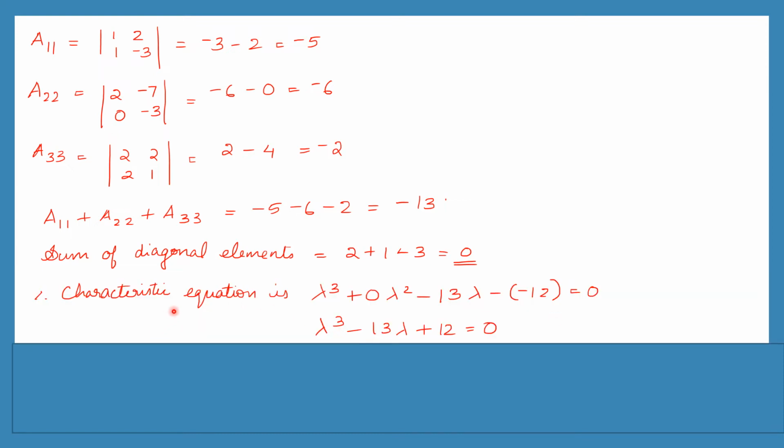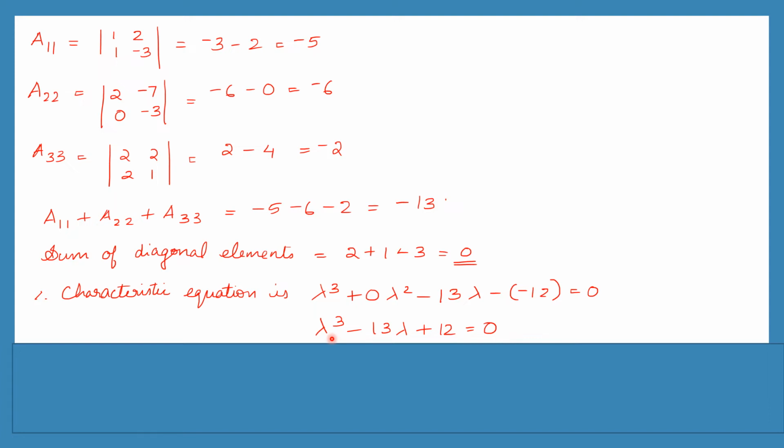The general format of the characteristic equation is lambda cube plus 0 lambda square minus 13 lambda minus of minus 12 is equal to 0. So this second term is a 0 term. So it will be lambda cube minus 13 lambda plus 12 is equal to 0. This is our characteristic equation.